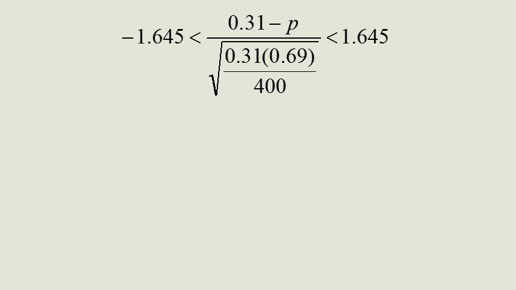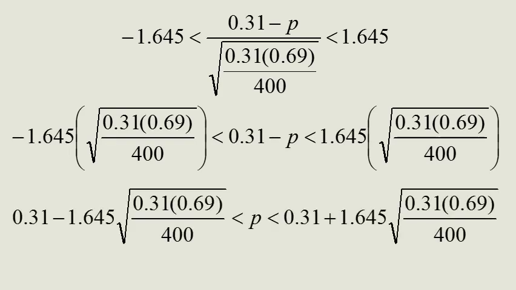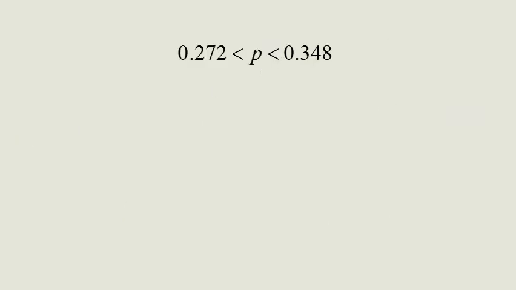So plugging in p-hat and n, we get this. And solving for p is fairly simple. So P is between 0.27 and 0.35 with 90% confidence.